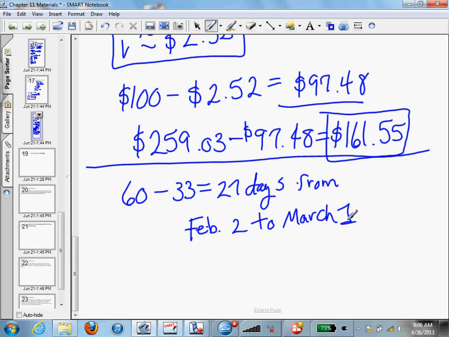The interest is computed on the remaining balance of $161.55 using the simple interest formula.